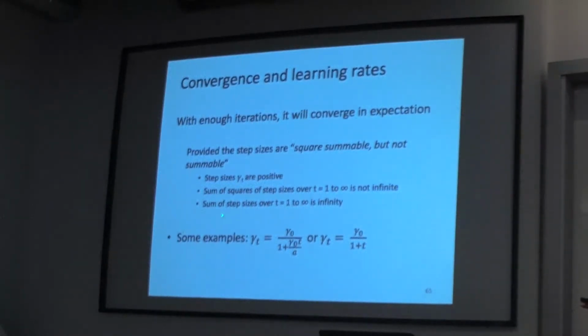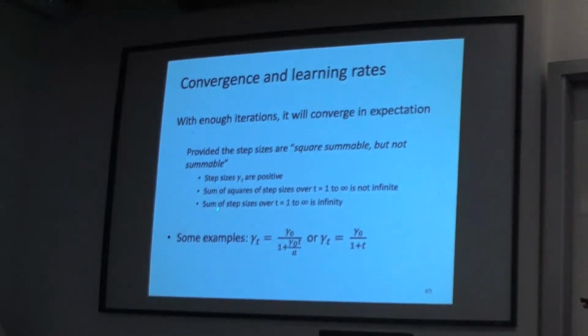If you don't take the square, just add up all the step sizes from step 1 to step infinity, then this whole summation must diverge, meaning that the whole summation must be infinite. So, briefly speaking, this one is called square summable, and this one is called summation diverge. So what does it mean?